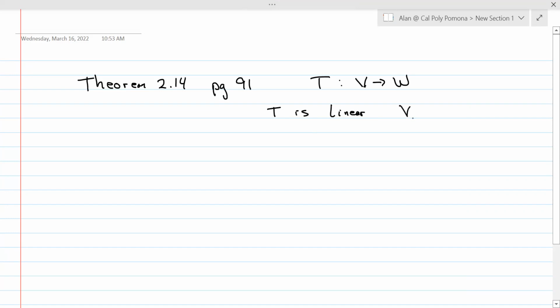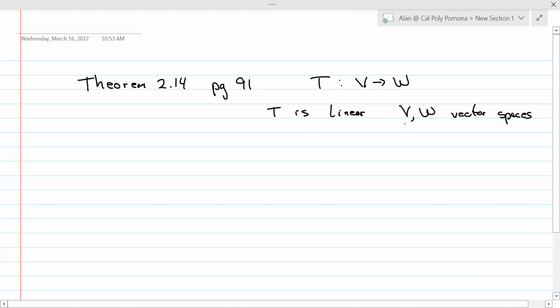And of course, V and W are vector spaces. V comes with an ordered basis alpha, and W comes with an ordered basis beta. So that's the structure. Those are the assumptions.